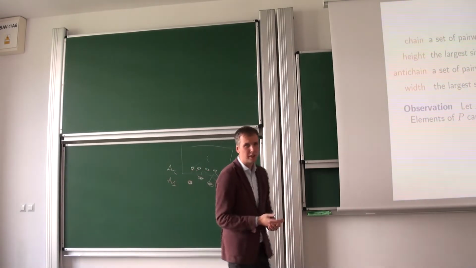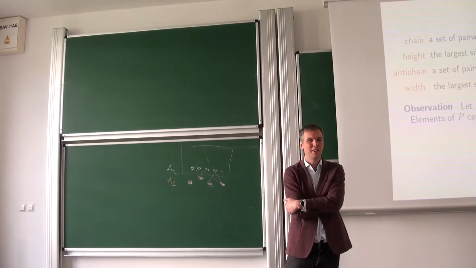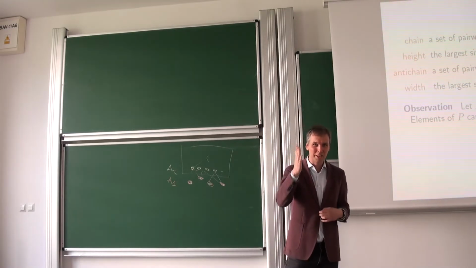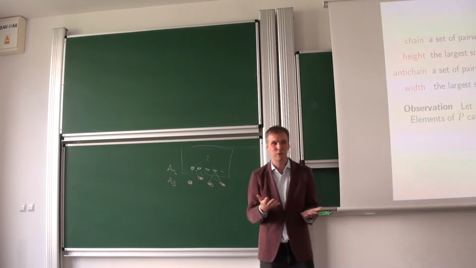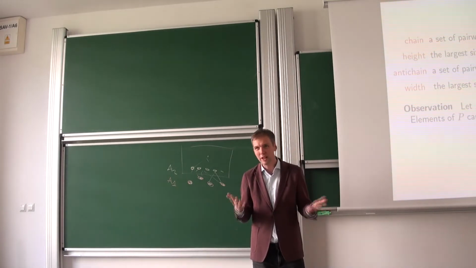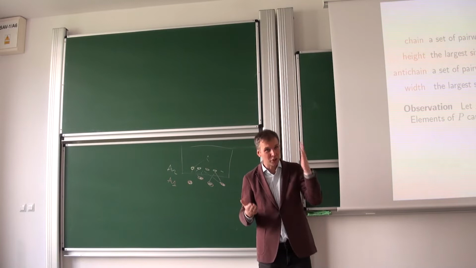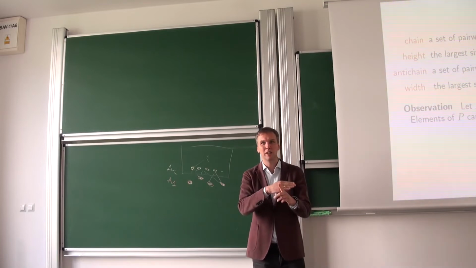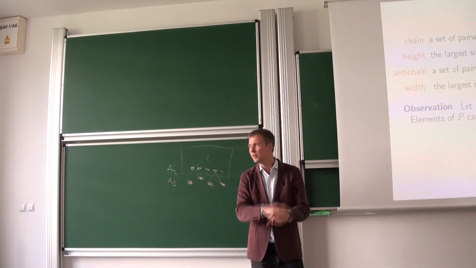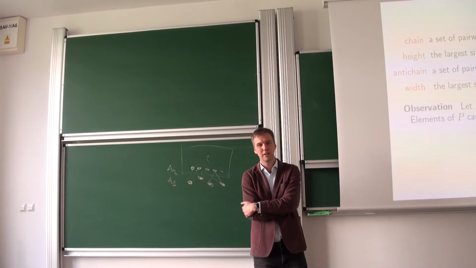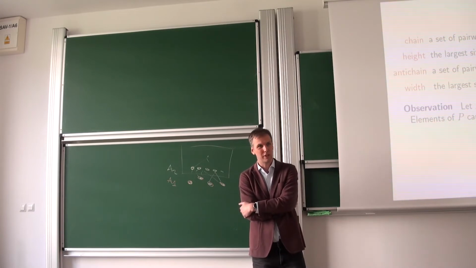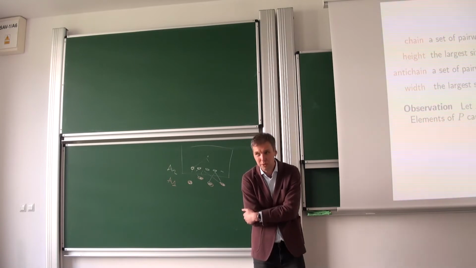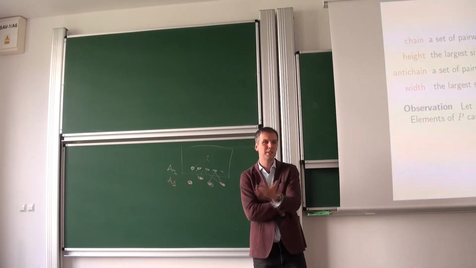When the height is h, we have exactly h antichains. First, when you look at a chain itself, its elements must be in different antichains, because an intersection of a chain and an antichain has size at most 1. Second, there are at most h antichains here. Why is it so?